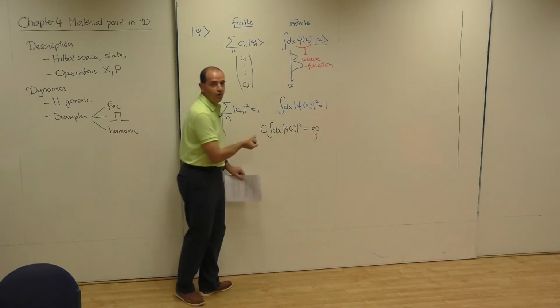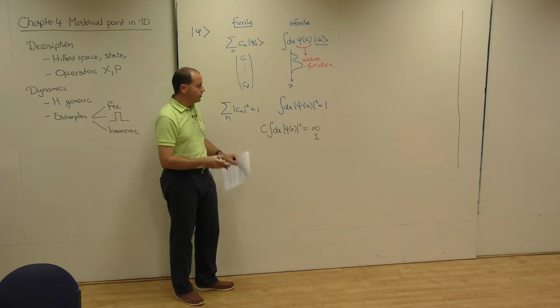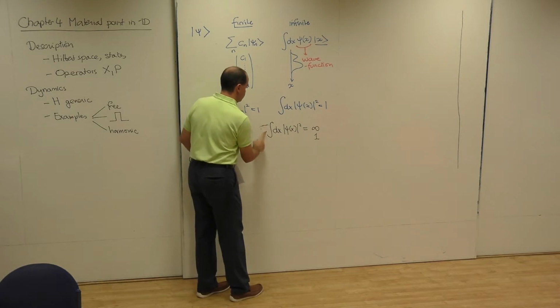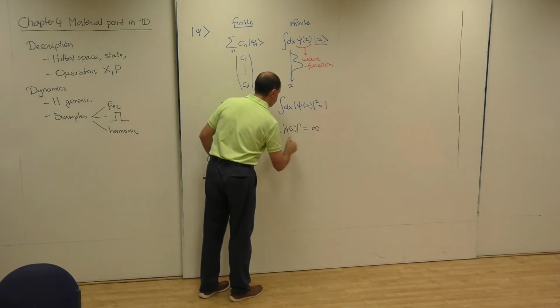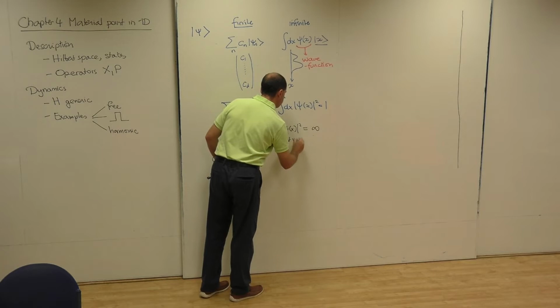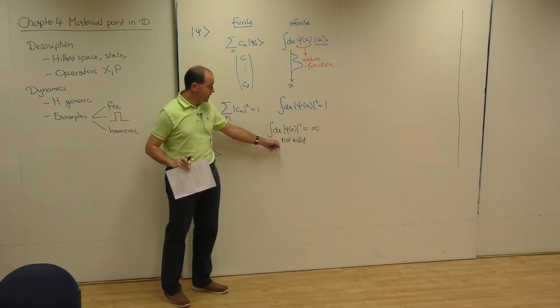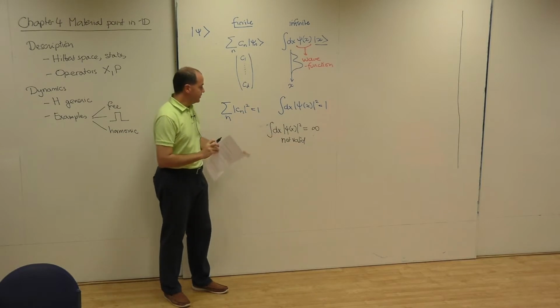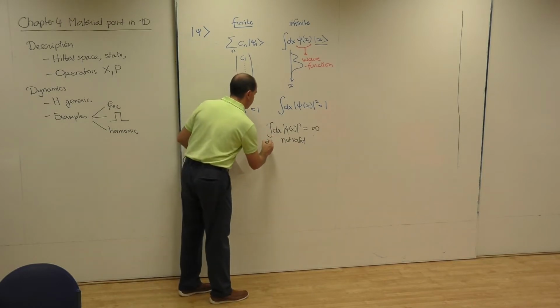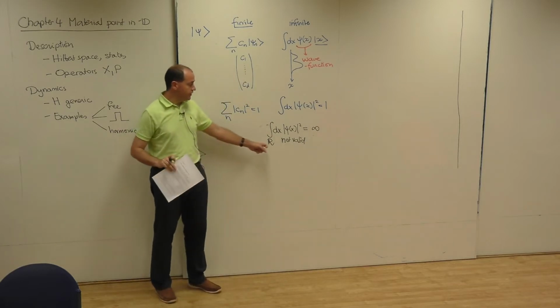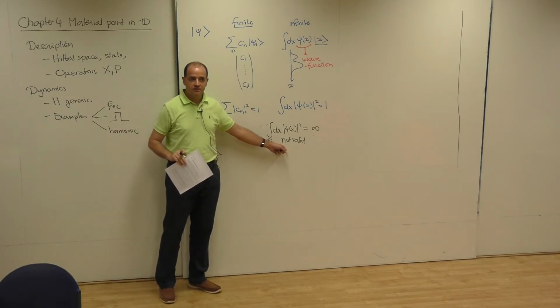Because this constant would be 1 over infinity. So in order to define the normalization, I must exclude these, which are not valid functions. By the way, sorry, here I should have specified the integral is over the whole real axis, so between minus infinity and infinity. I should exclude the functions such that the integral of the square is infinite.